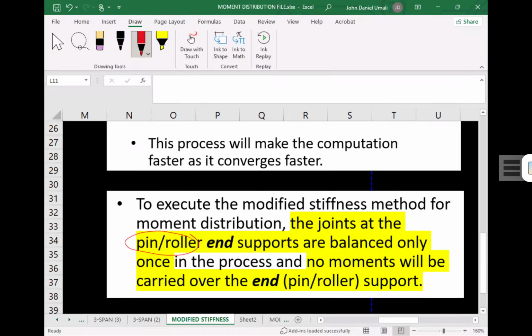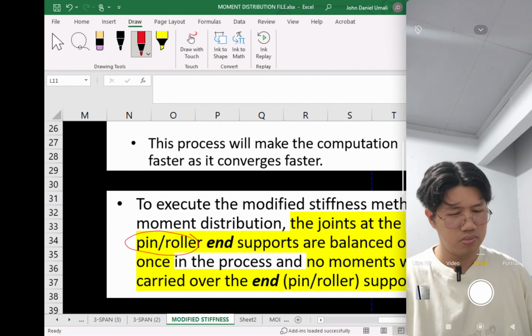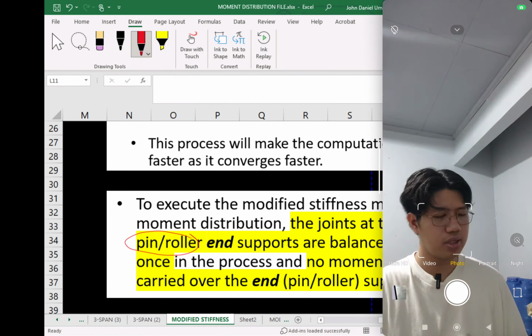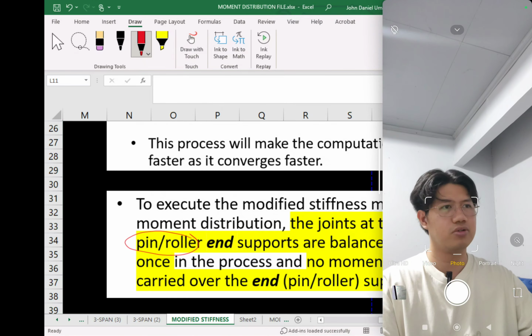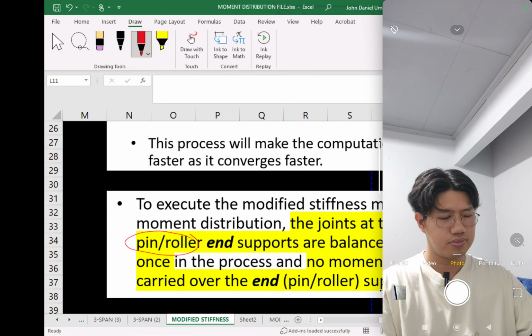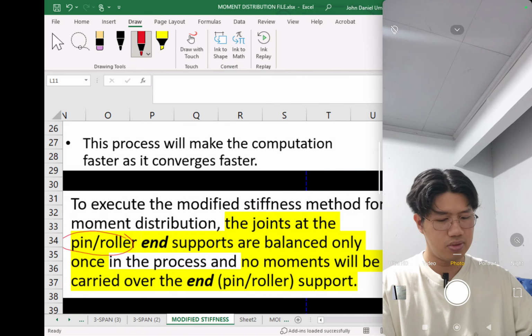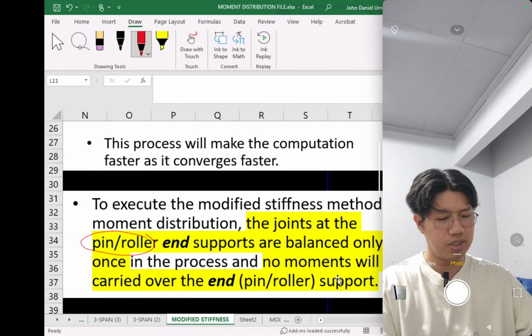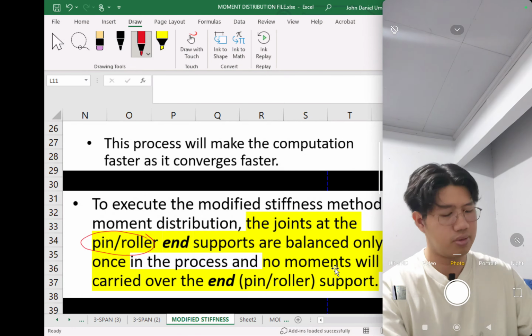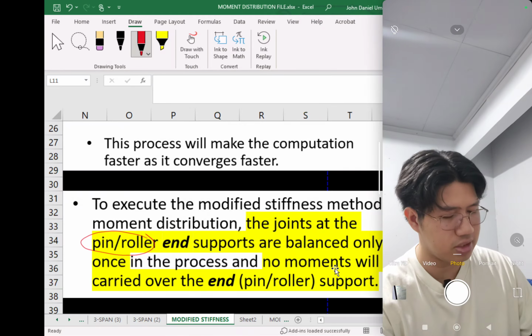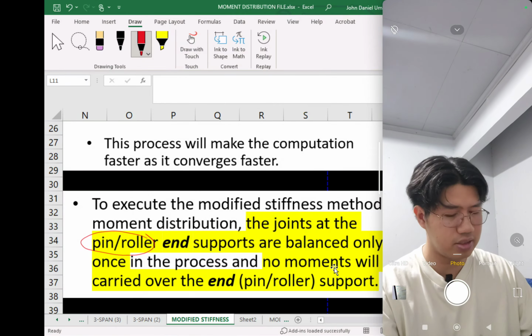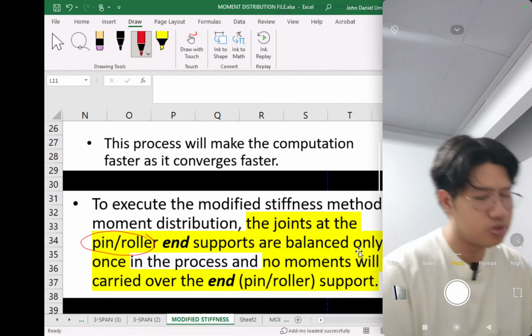Okay, so it is only balanced once in the process and no moments will be carried over the end or pin support. Ayan, so no moments will be carried over the end support, which condition is it must be a pin or a roller support.